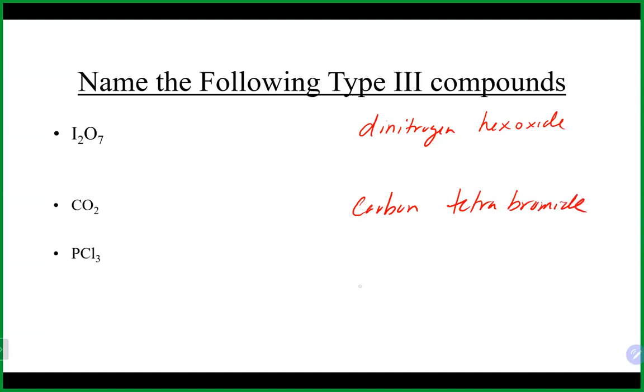And why don't we just make up something that maybe doesn't exist? So let's do trichlorine pentaiodide. All right, formulas on the right, names on the left there.